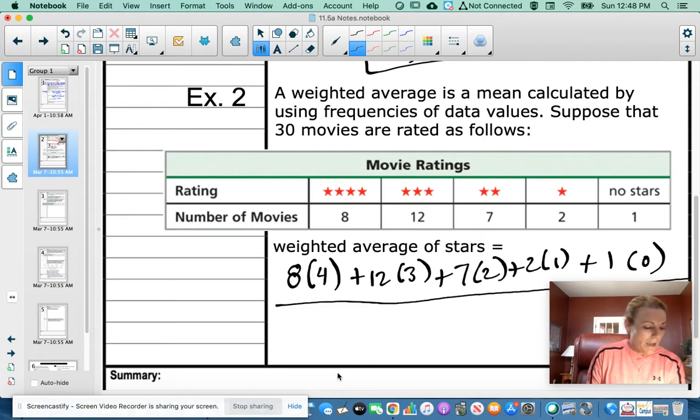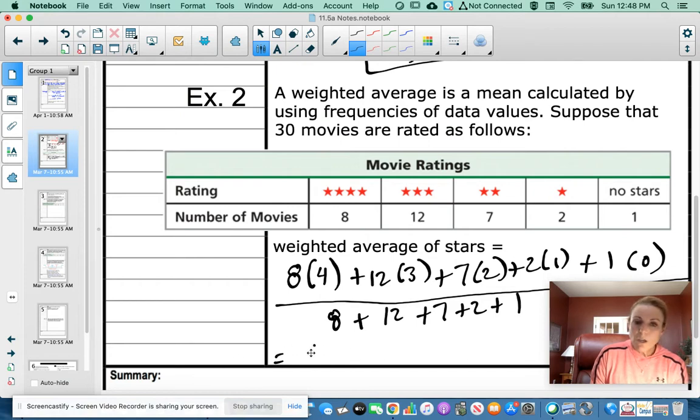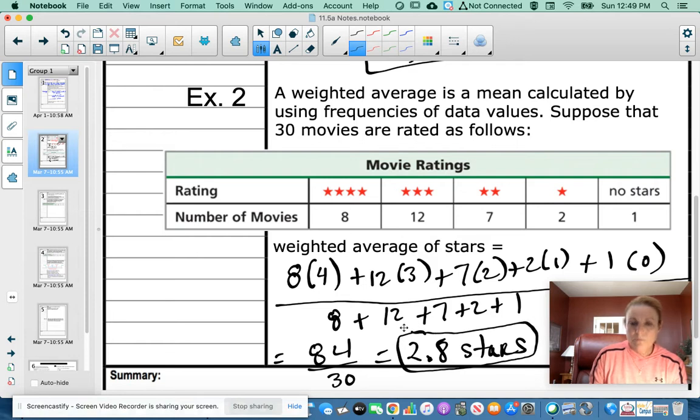All divided by the total number of movies. 8 plus 12 plus 7 plus 2 plus 1. When I do that, I get 84 over 30, which is 2.8 stars. That's how we find a weighted average.